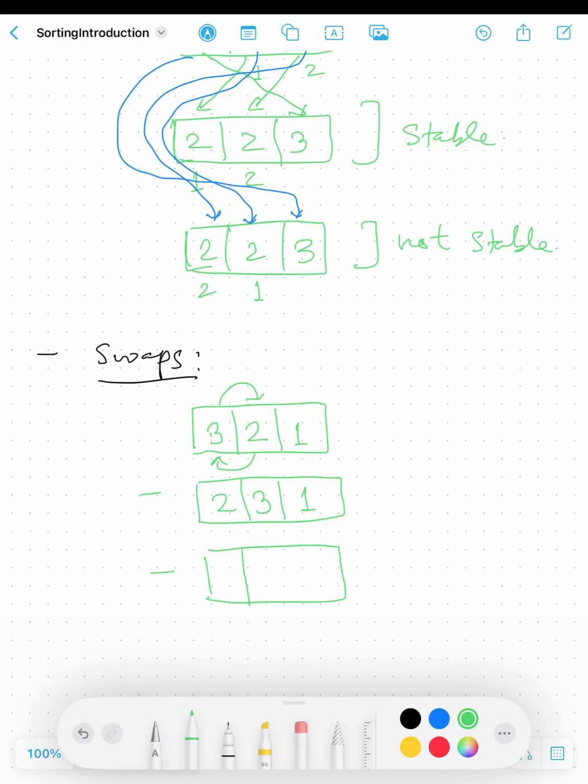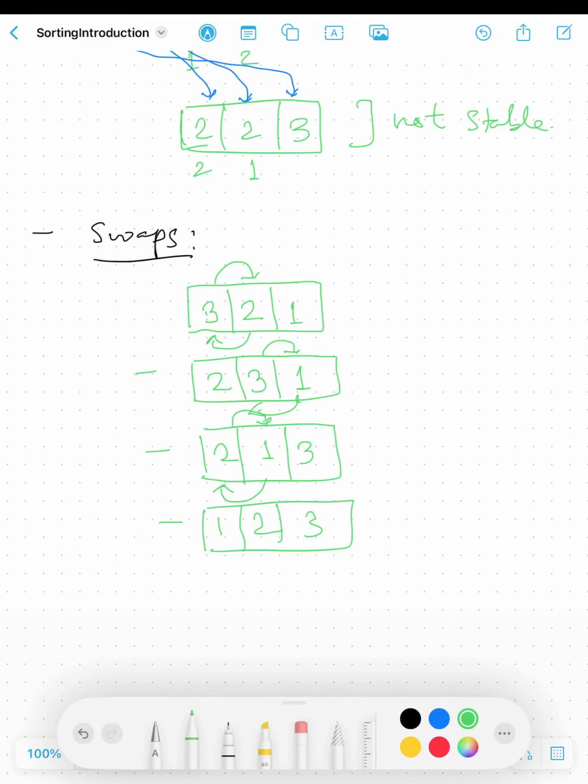After that, let's say we swapped 1 and 3, and let's say after that we swapped 1 and 2 to get the final sorted order. So how many swaps did we do? 1 swap here, 2 and 3, and so on. If you have a problem which asks you to find out how many swaps an algorithm is going to do, this is your answer.